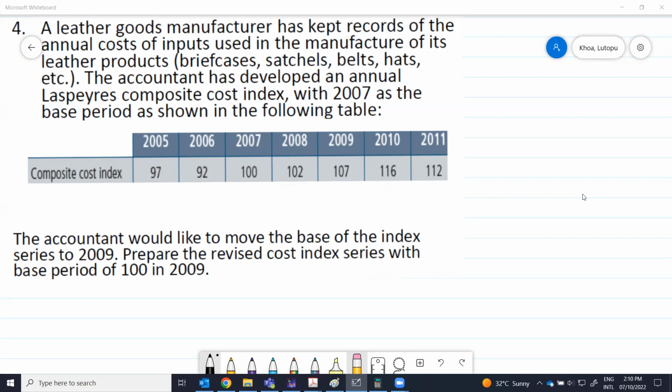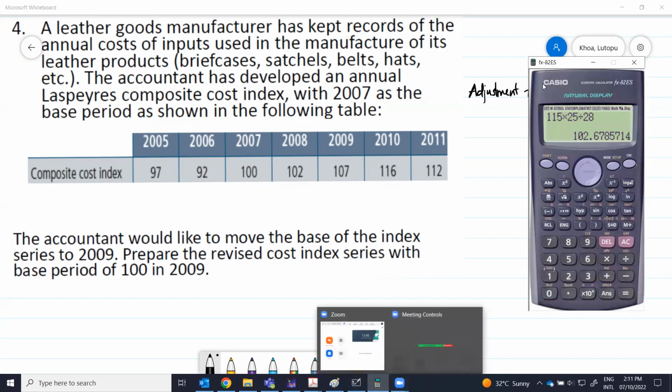So we do it in the same way we did the previous one. We work out our adjustment factor. And to do this, we'll say 100 divided by the cost index in the year that we want to make the base year.